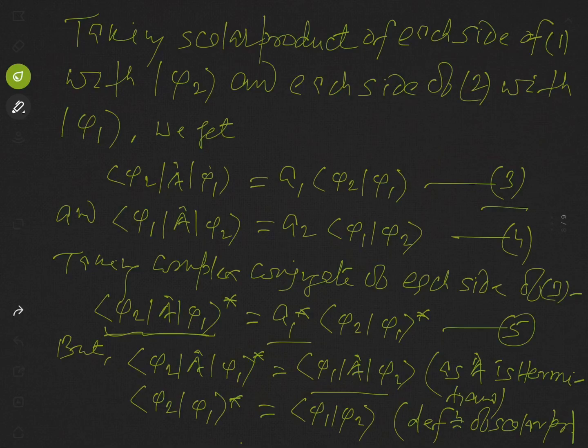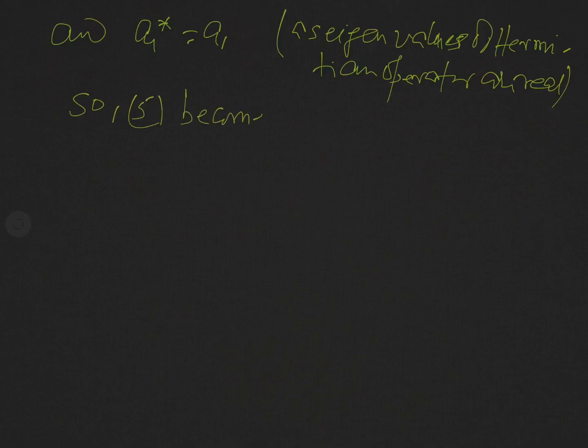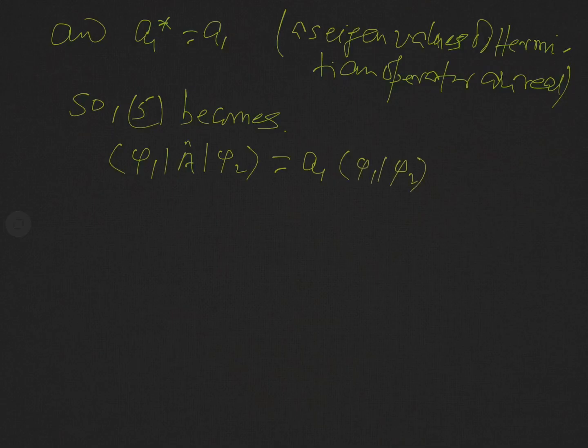Instead of A1 star we will write A1, and instead of the conjugated product we will write the other. So equation 5 becomes the product phi 1 A hat phi 2 equal to A1 times the product of phi 1 with phi 2. This is equation 6.